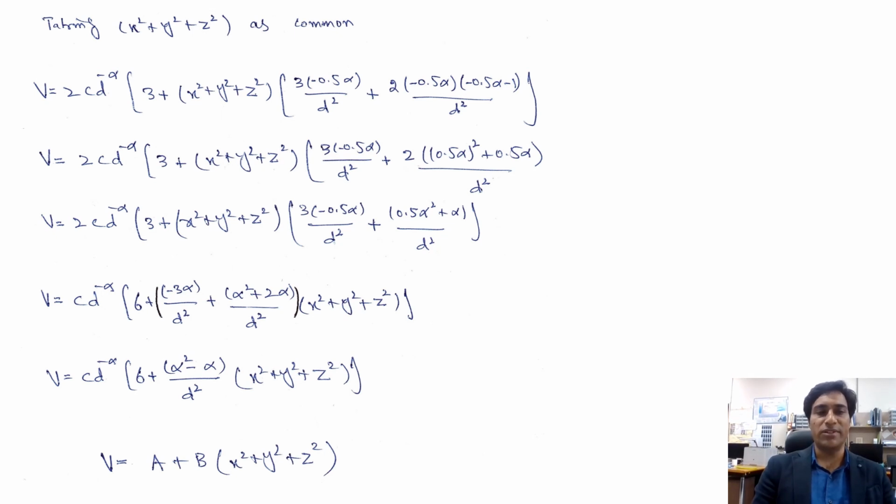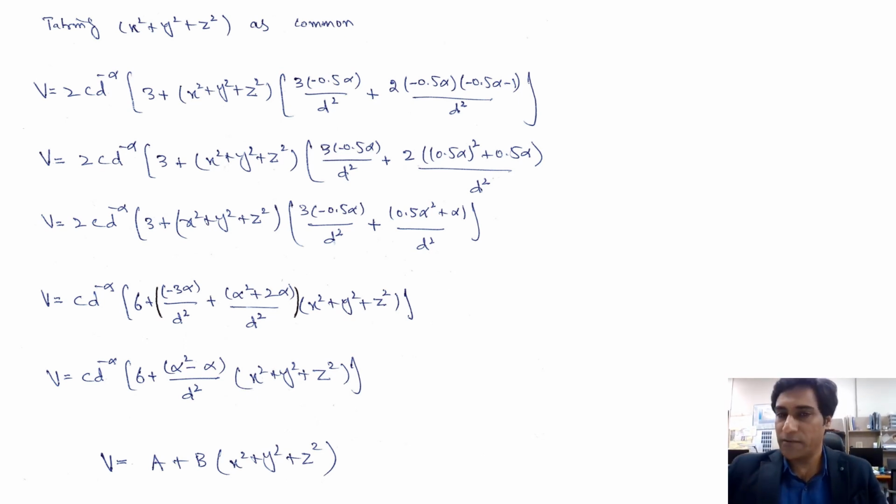V is equal to 2cd minus a into 3 plus x square plus y square plus z square into 3 into minus 5 minus 0.5a over d square plus 2 0.5a square plus 0.5a over d square.